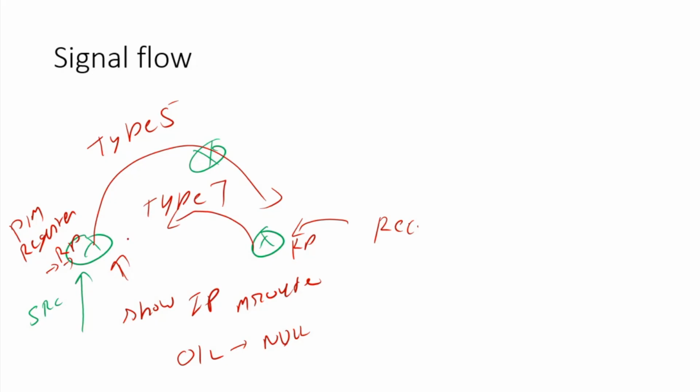And when this guy receives the type 7 route, that means there are certain receivers. What it will do? It will put its L3 VNI here in the OIL. So null will be removed and you will see this L3 VNI in the output interface and your multicast traffic will start flowing.